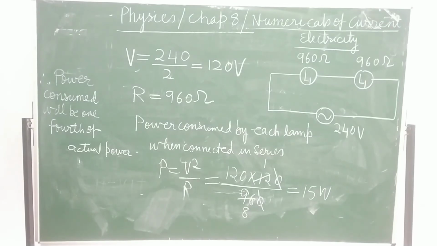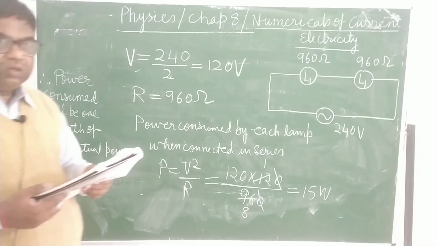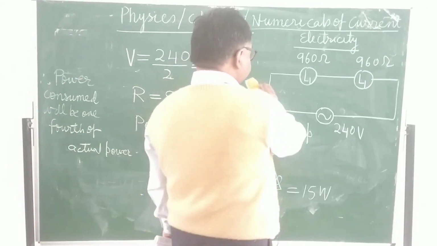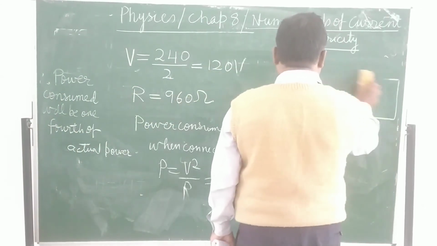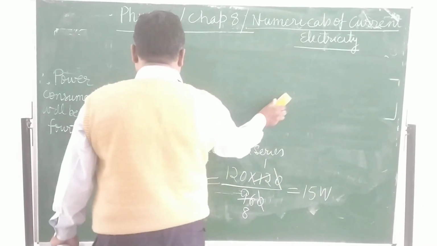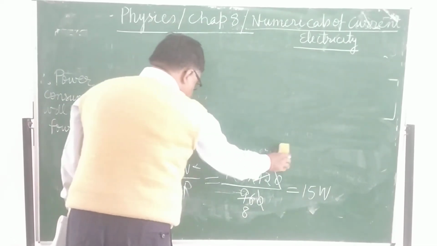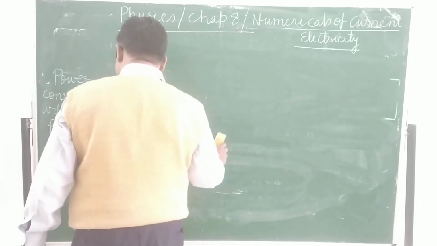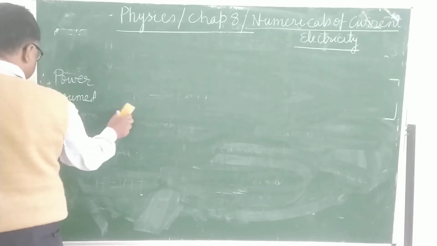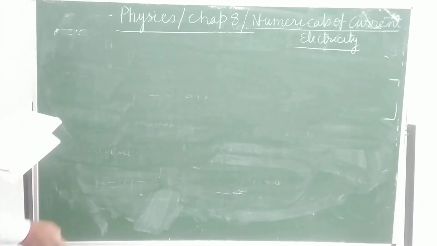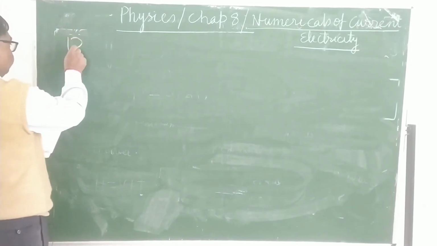Now question number 12, have I explained or not? Perhaps I have told. So see here. Question number 12: two bulbs.